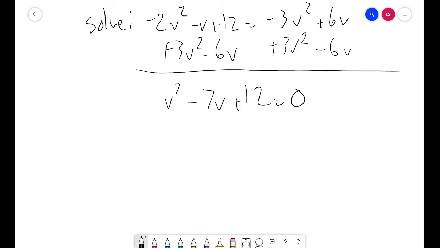What we're trying to establish is that negative 2 times v squared minus v plus 12 is negative 3 times that same v squared plus 6v, precisely when v squared minus 7v plus 12 is 0. And we've done this by maintaining the balance here. We're getting this equivalent alterations to both sides of the equal sign.